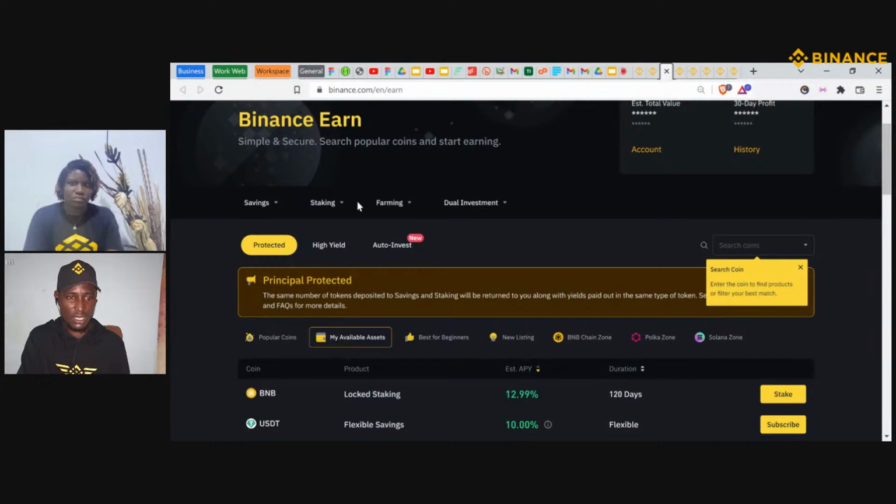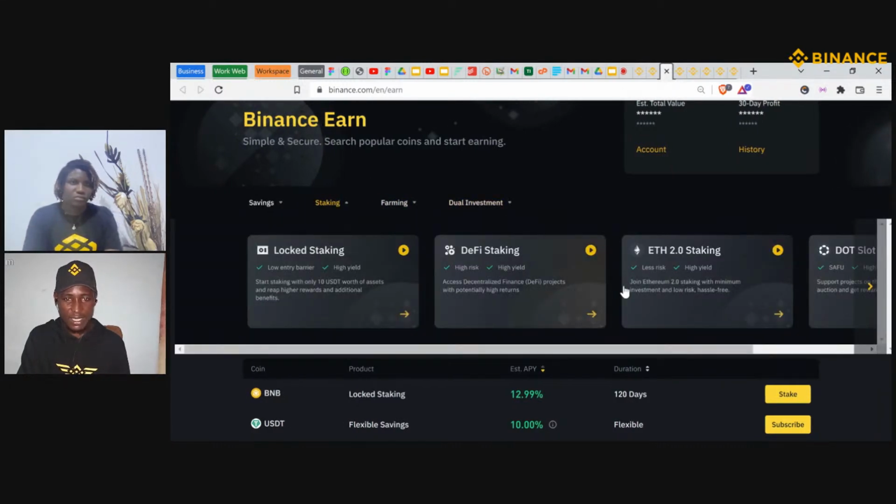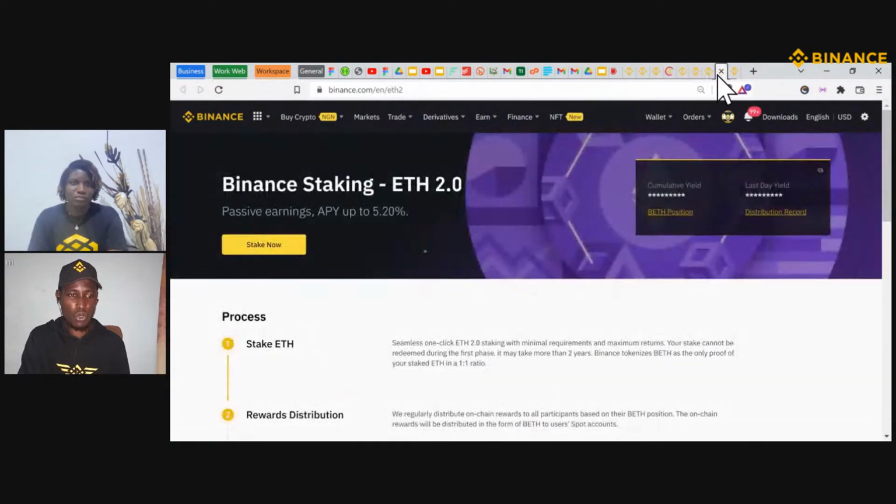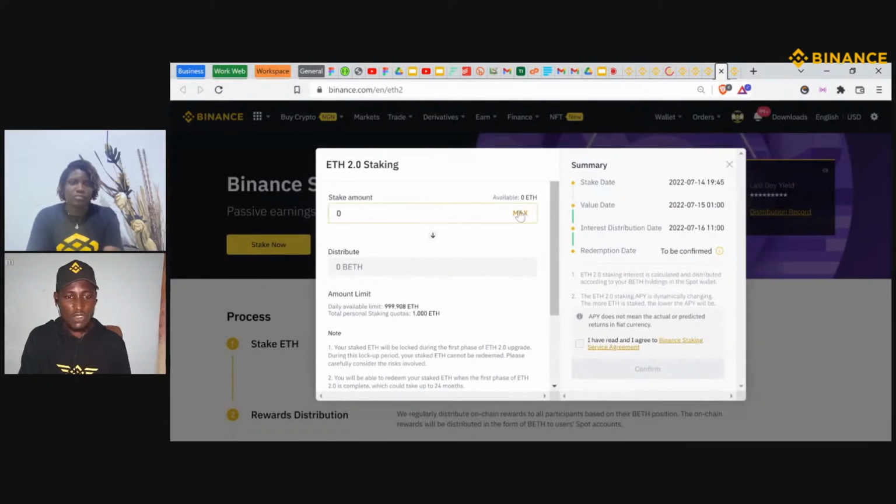Let me just show us that easily. So you come to ETH 2.0 staking. From staking here, tap on ETH 2.0 staking, and it takes you to the ETH 2.0 page. What you do is tap on stake now, and what that does is transfer your ETH from your spot wallet into your ETH staking wallet. It will also give you some details on the staking, so you take some time to read it and agree to the terms and conditions.